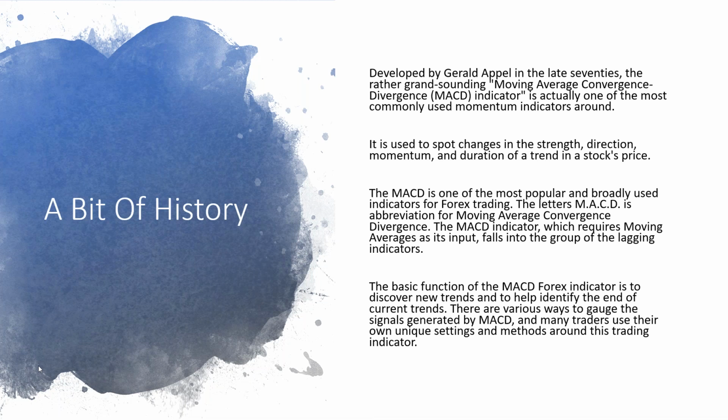But MACD serves many purposes, and tonight we're going to see how you can use crossovers, convergence, as well as divergence, and get overbought and oversold signals and entry signals from MACD. The basic function of the MACD indicator is to discover new trends and to help identify the end of current trends.